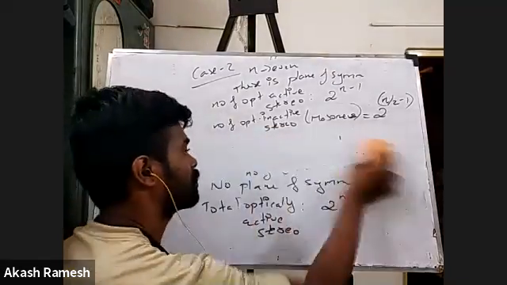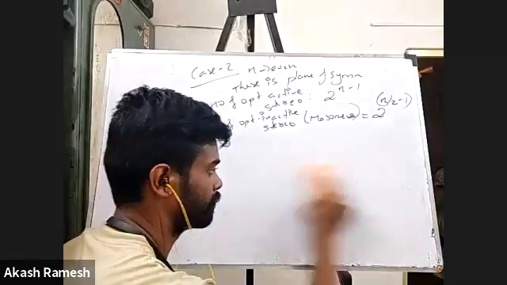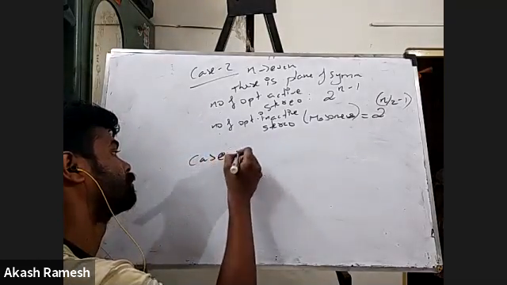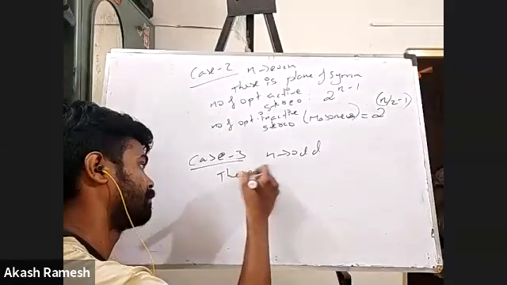Now, last case. Case 3: n is odd and there is planar symmetry.